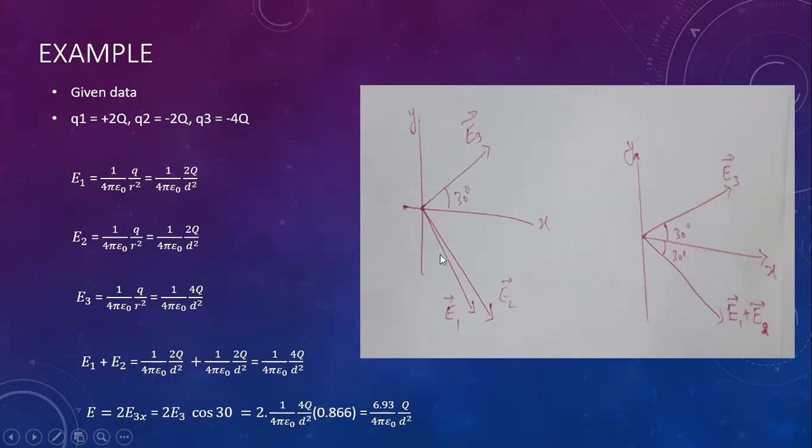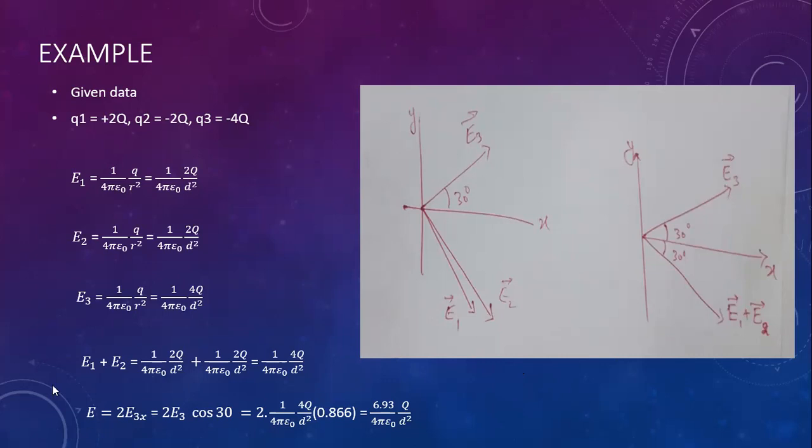In the first step, you can see E1 and E2 are in the same direction, so we will simply add them and find the answer 1 over 4 pi epsilon naught 4q over d square. As I said before, the x components of vector E3 and E1 plus E2 are in the same direction along the x-axis, but the y component is positive in one case and negative in the other. So the y component will be cancelled, but our x component will be doubled.